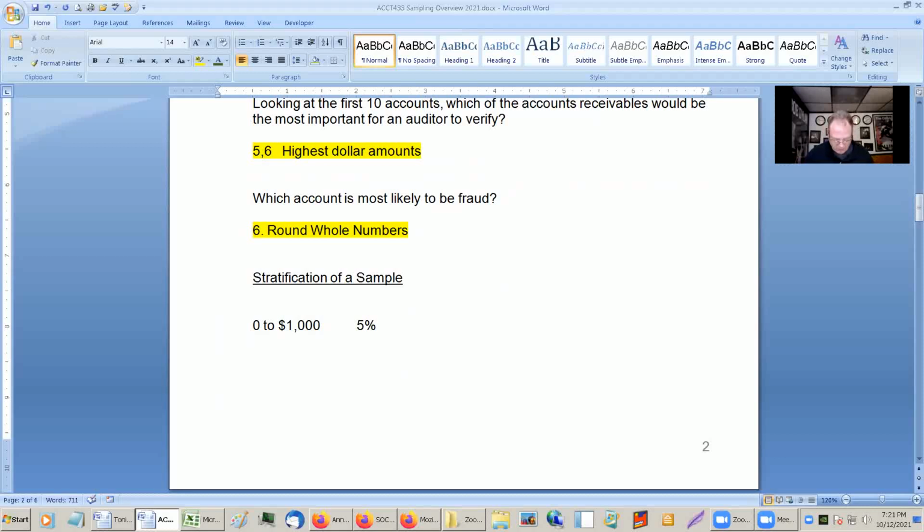When they get bigger, like say 1,000 to 10,000, or 1 penny or whatever to 10,000, it might be a little bit more.